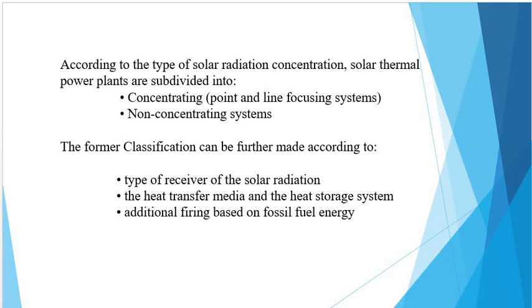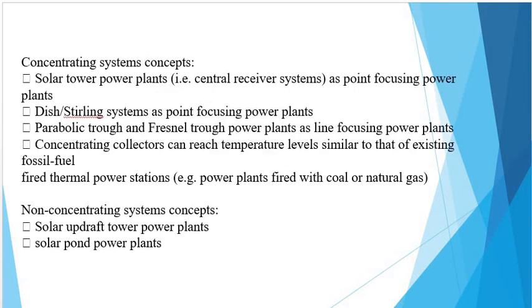The concentrating system can be further classified by the type of receiver of the solar radiation, the heat transfer media, the heat storage system, and additional firing based on fossil fuel energy. Concentrating system concepts: solar tower power plants as focusing power plants, dish or Stirling systems as point focusing power plants, parabolic trough and Fresnel trough power plants as line focusing power plants.